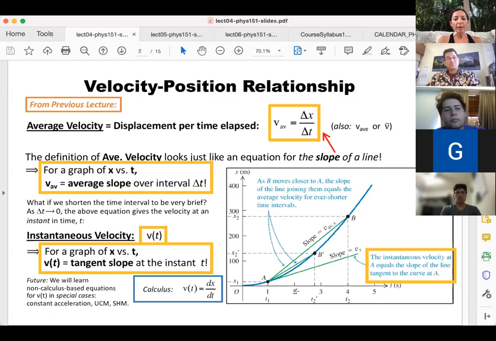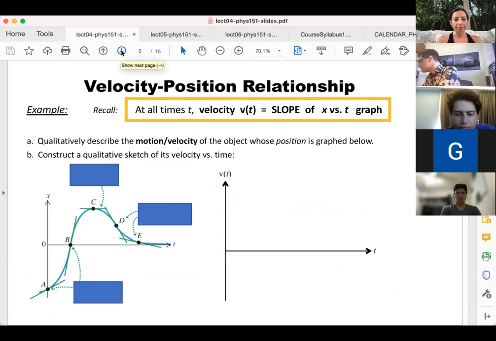Okay, so while the slope is the average velocity, the tangent at that particular time, so here this one is the instantaneous velocity in the point A, and in the point B it will again be the tangent to this point. This one is called instantaneous velocity, and you find it by doing the derivative.